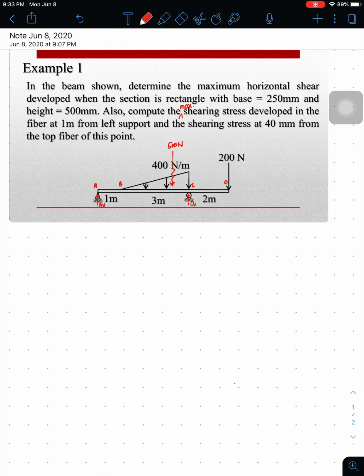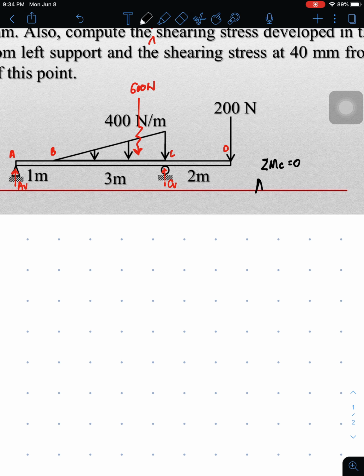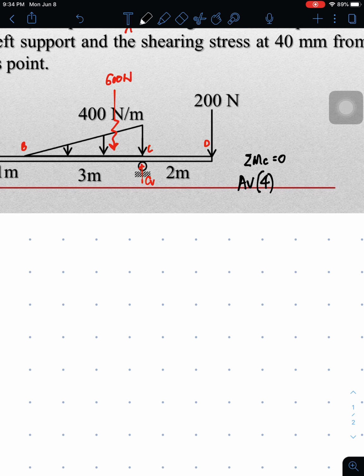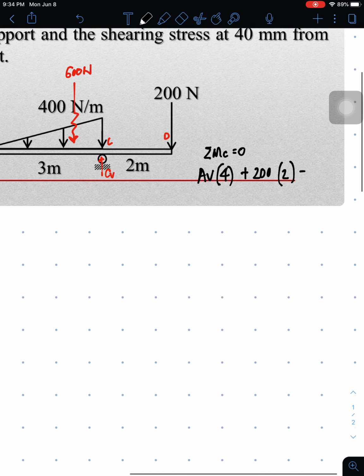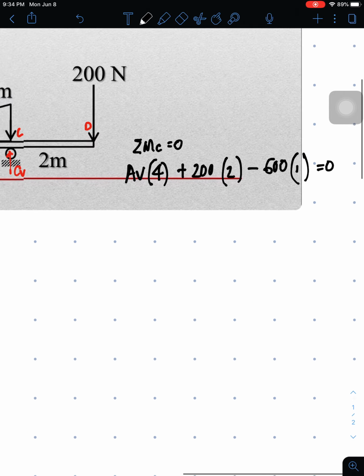Okay, so let's solve AV. We will be solving AV by summing up moments at C. So summation of moment at point C to solve for AV. You have AV times 4, for this is the moment arm of AV, plus the 200 times 2, minus the 600 times 1/3 of 3, which is 1, equal to 0.